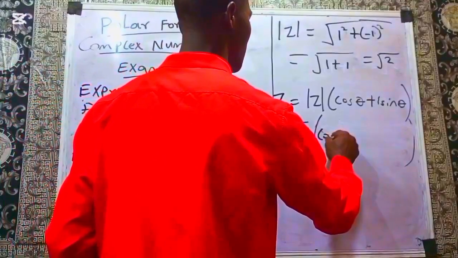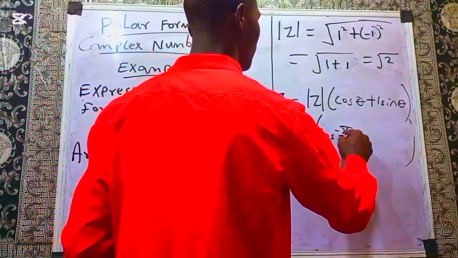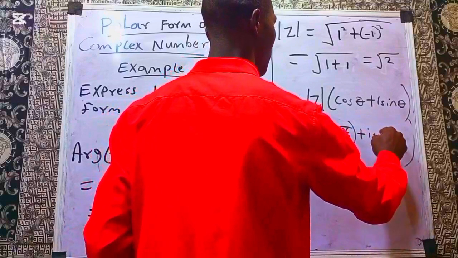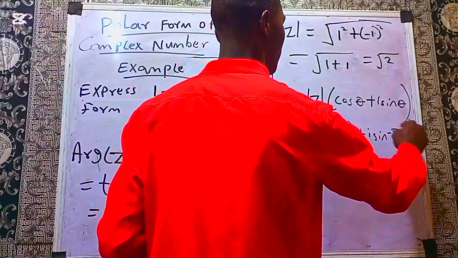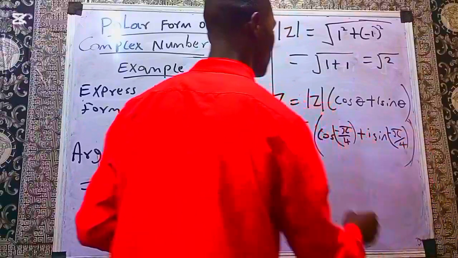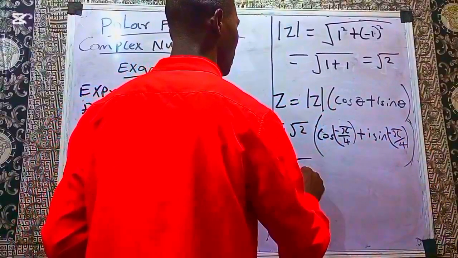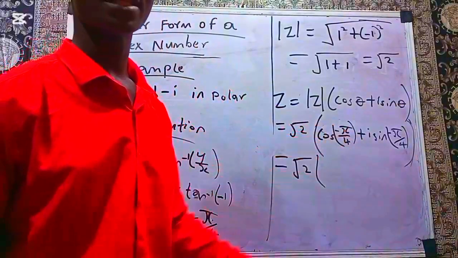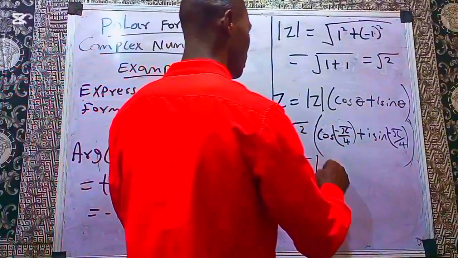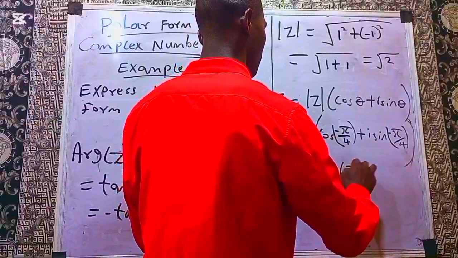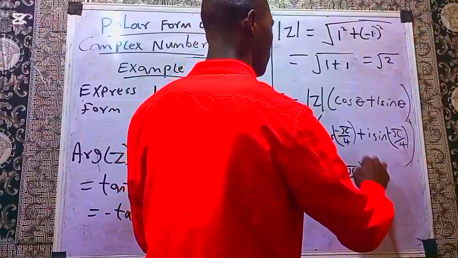So we're having cosine of negative pi over 4 plus i sine of negative pi over 4. But I told you in our previous video that the cosine of a negative angle is the same thing as the cosine of the positive angle. So this will be cosine of pi over 4.